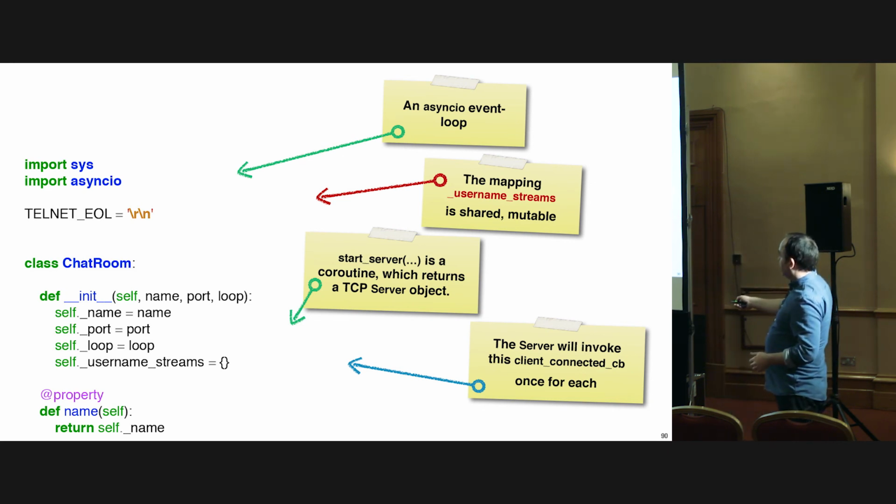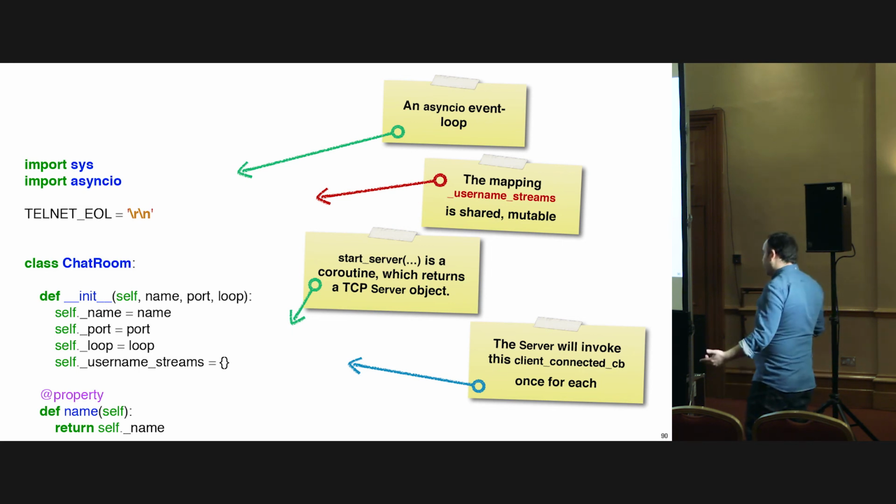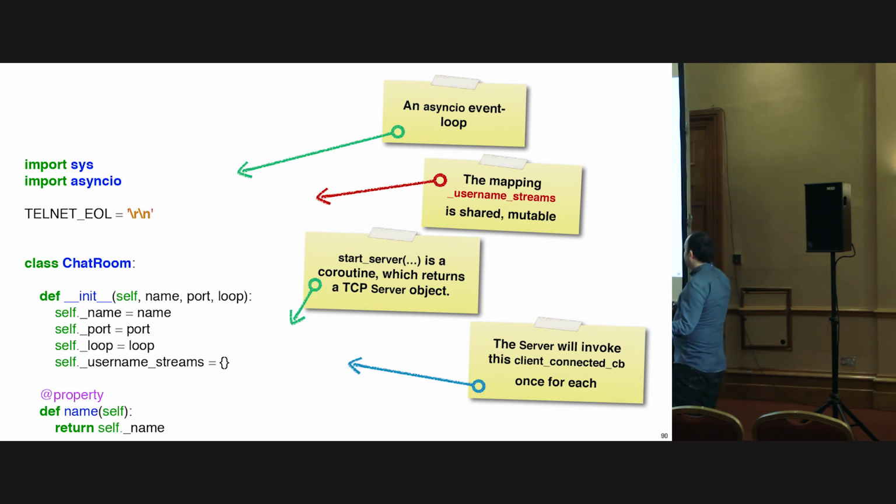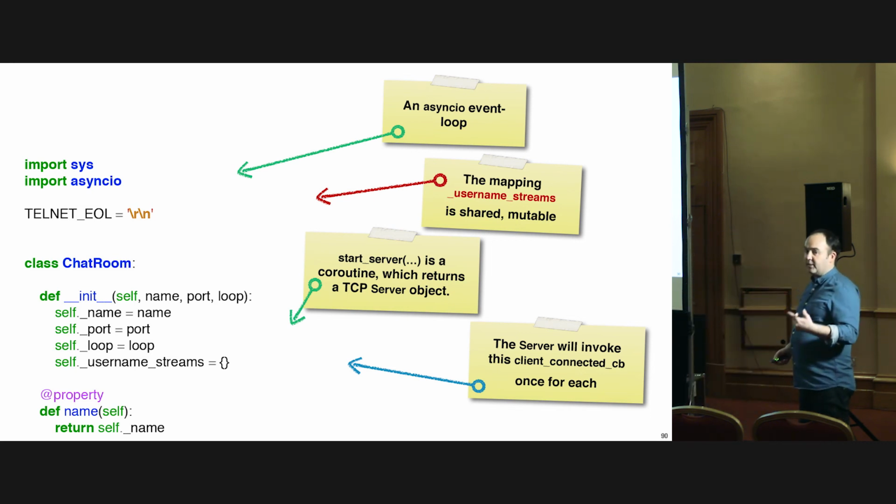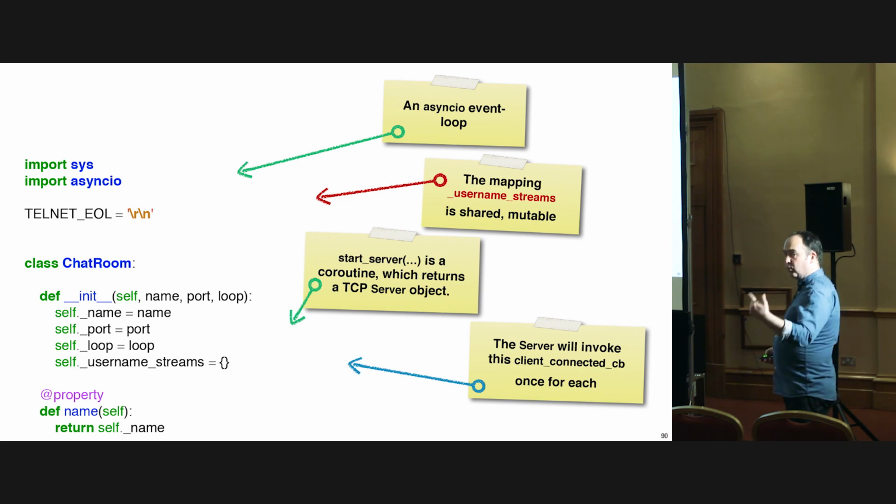We call start server, which creates a TCP server object. This time, we have to pass a callback here, client connected, which must be a coroutine. We'll see that in a moment. And it will call that coroutine once per user.